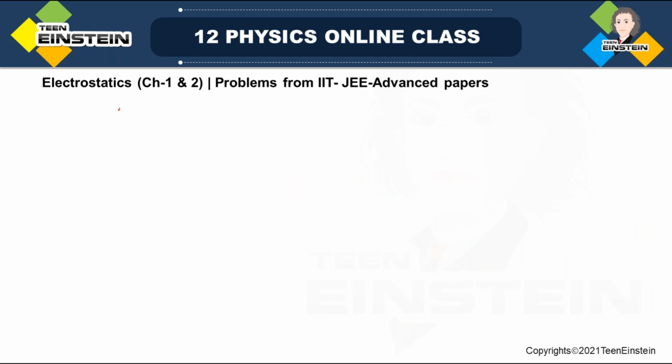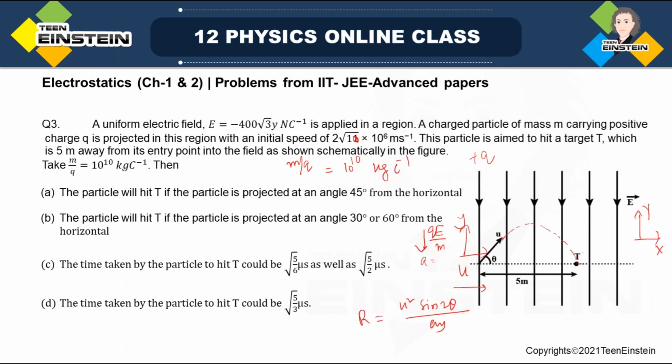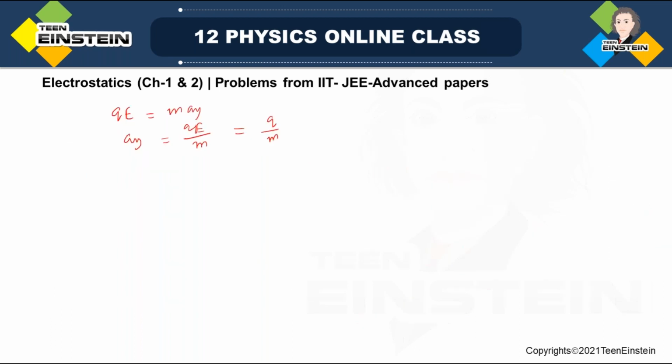So as you know, the acceleration due to the electric field will be like this. Okay, q into e, so I can find out acceleration a y is equal to q into e by m. And look here, m by q has been given over here, so q by m you can find out, 10 to the power 10.